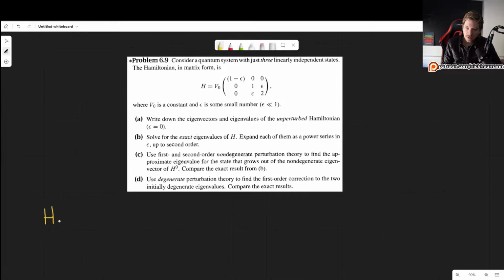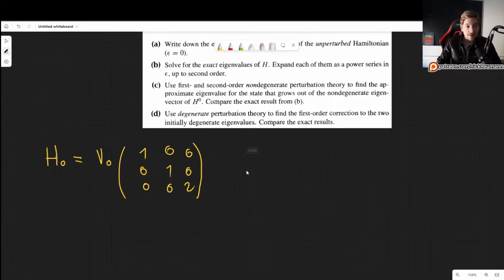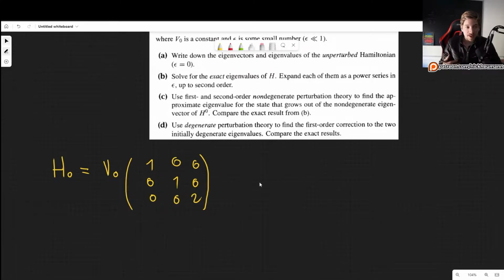So the unperturbed Hamiltonian is V0 times, with epsilon equal to 0, we get 1, 0, 0, 0, 1, 0, 0, 0, 2. So we want to find the eigenvalues and eigenvectors of this matrix.